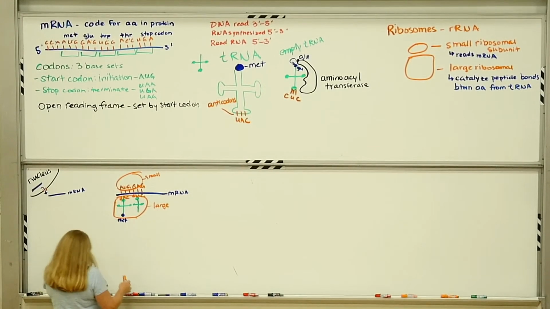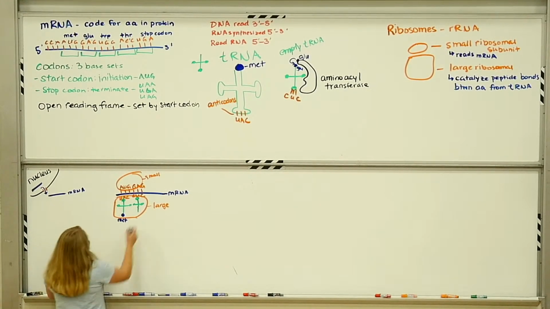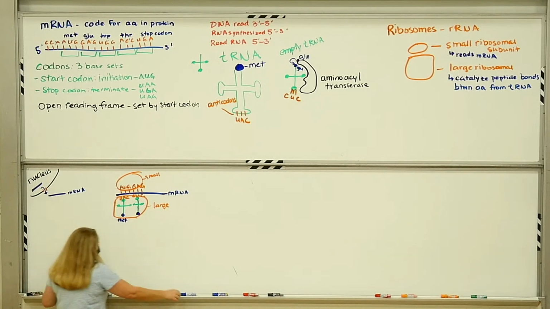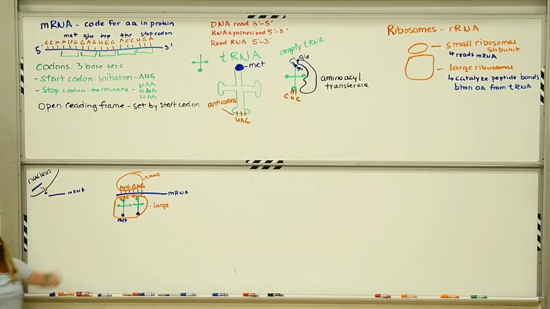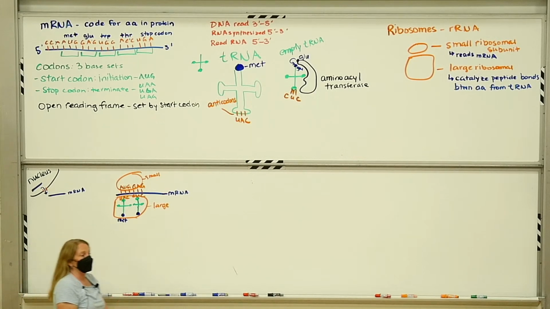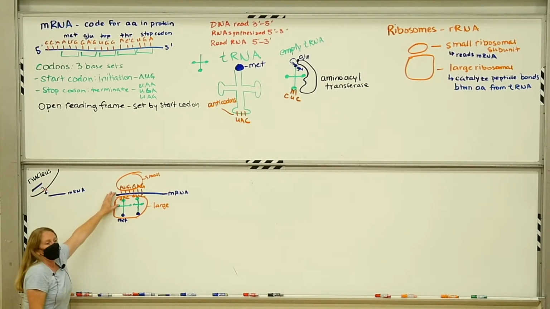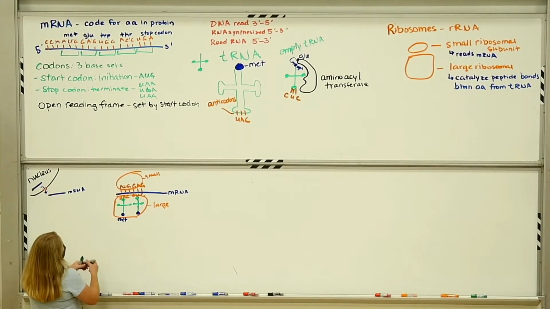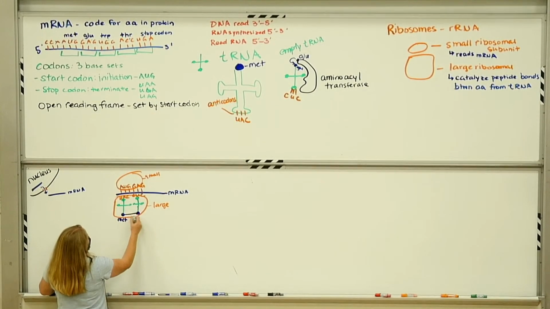And that's going to be carrying a glutamate. Keep in mind that these are bases. They're still nucleic acids. And when they're complementary like this, they can hydrogen bond. So that's how the tRNA comes in and attaches. When it does that, the large ribosomal subunit can then create this peptide bond between them.